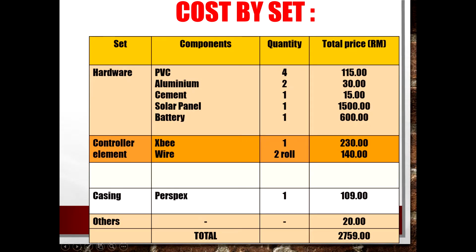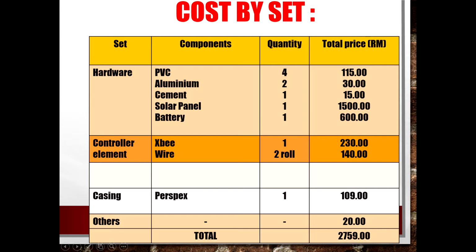Costing by set. Set for hardware. The components that we use are PVC, aluminium, cement, solar panel, and battery. For PVC, the total price is 115 ringgit Malaysia. For aluminium it is 30 ringgit.